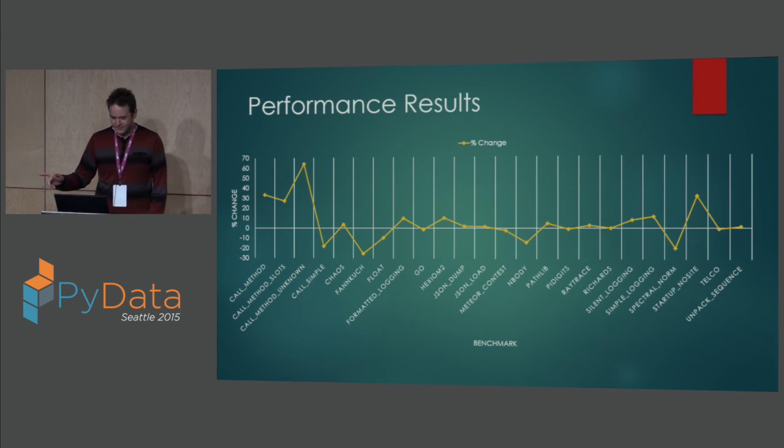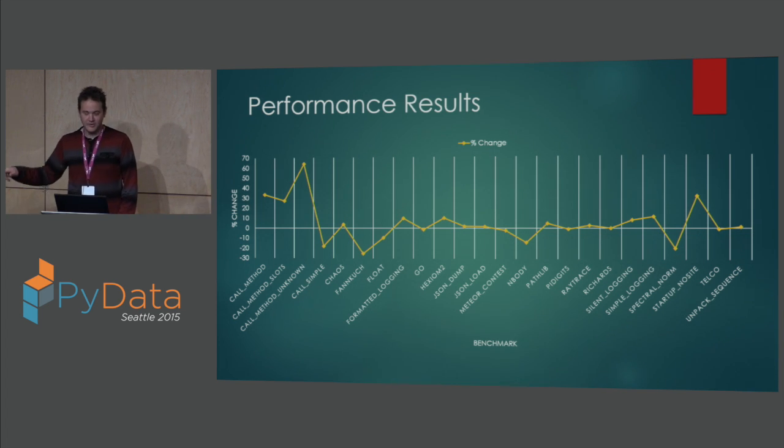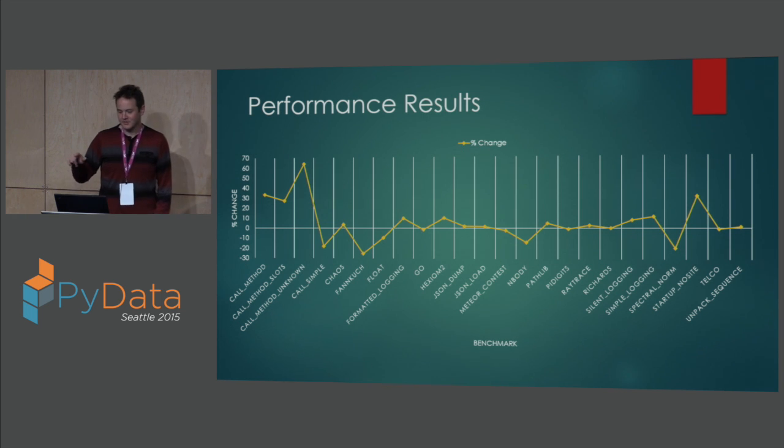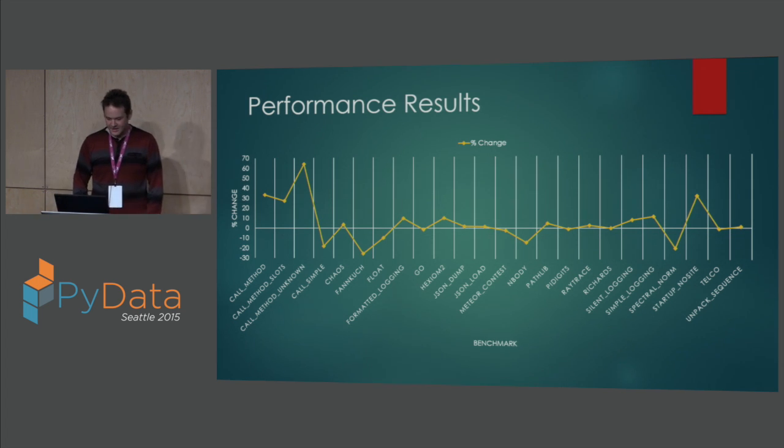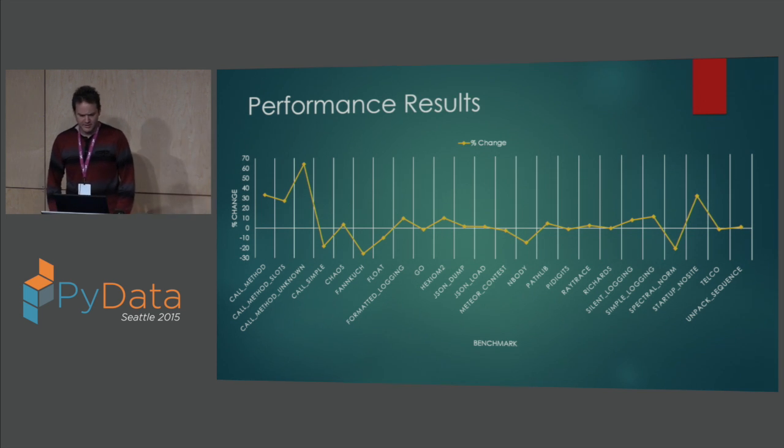So on this graph, numbers below the line are better, numbers above the line are worse, and numbers obviously on the line have no change. So there's a few things that got 15, 20% perf benefits. I left off startup on here because startup takes a big hit right now.